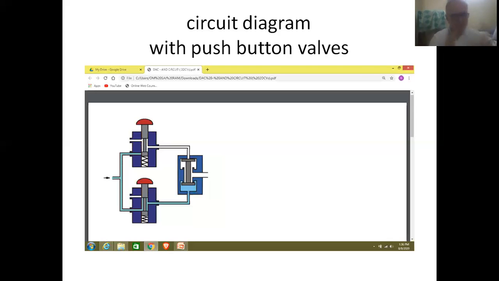In this case, push buttons are used for operating valve elements. That's why they're called push button valves. In the previous case, solenoids are arranged for operating valve elements. Therefore, they are referred to as solenoid valves.